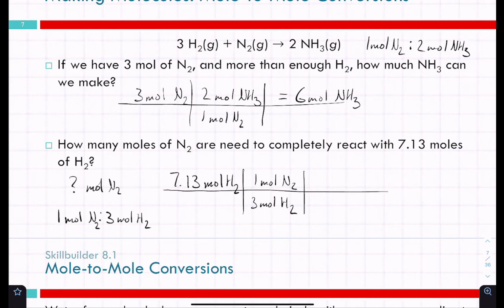And so you're going to take our 7.13 divided by 3, and we'll get 2.38 moles of N2. And again, our units here cancel and get replaced by moles of nitrogen.